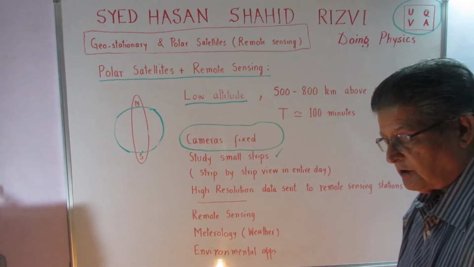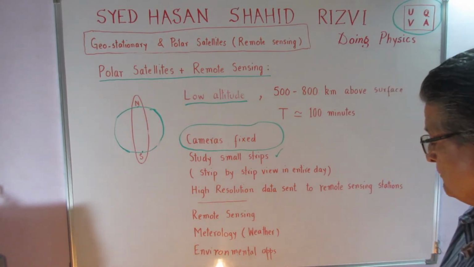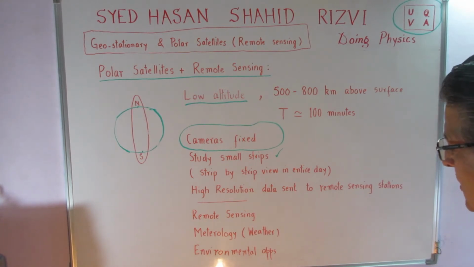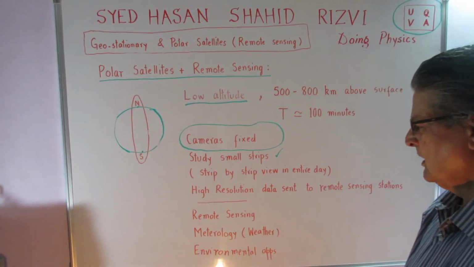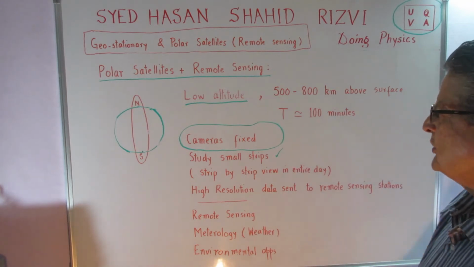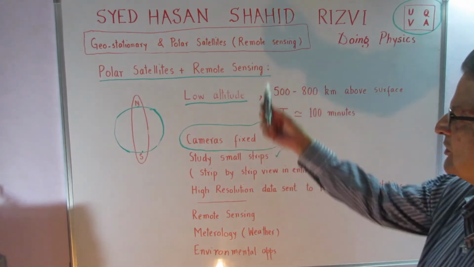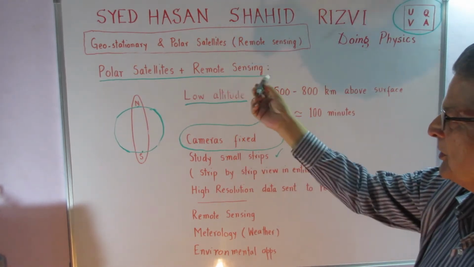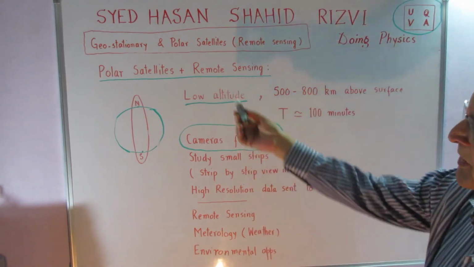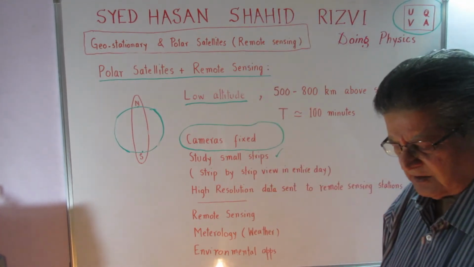Maybe you can monitor agriculture, you can monitor other things with the help of these remote sensing systems. Remote sensing is an important part, and this is obtained by polar satellites, etc.